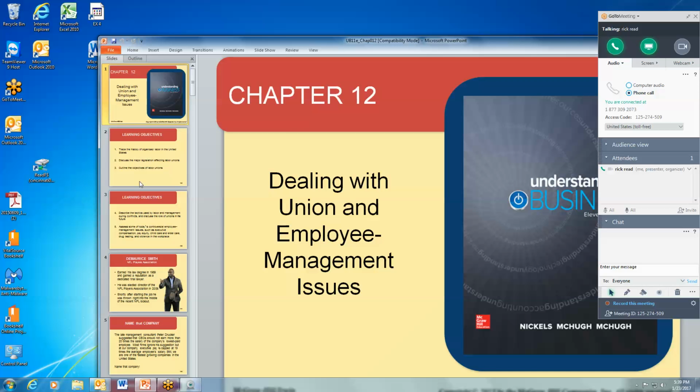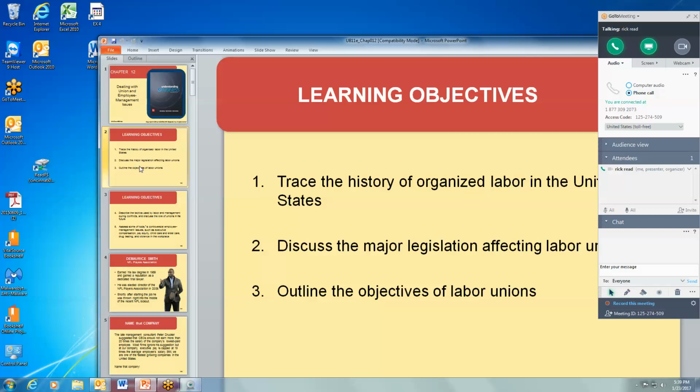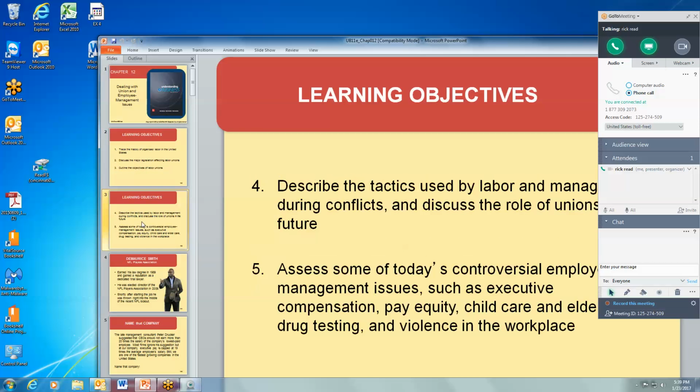We're going to trace the history of organized labor in the United States, discuss the major legislation affecting labor unions, outline the objectives of labor unions, describe the tactics used by labor and management during conflicts, and look at the role of unions in the future. And then we're going to look at some of today's controversial issues like executive compensation, pay equity, child care, elder care, etc. So let's move into Chapter 12.